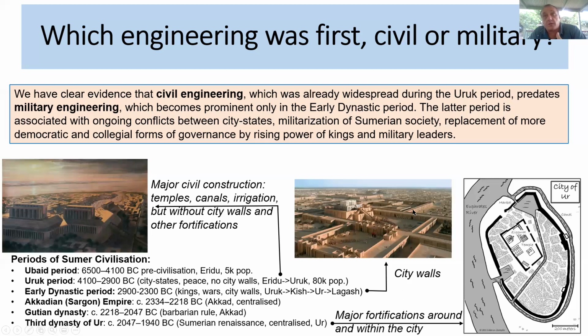In response to this, of course, military engineering emerged, and city-states became surrounded by high city walls, as shown here. And from now on, military engineering played an important role in any civilized society.